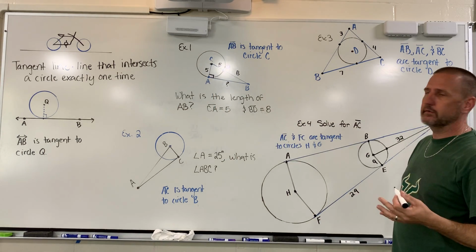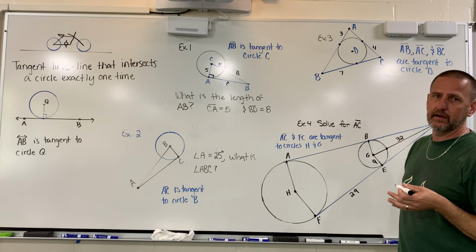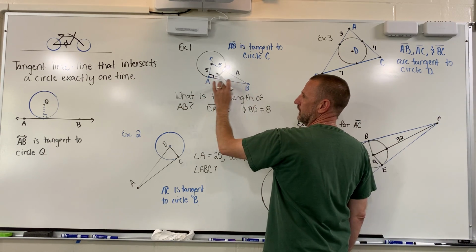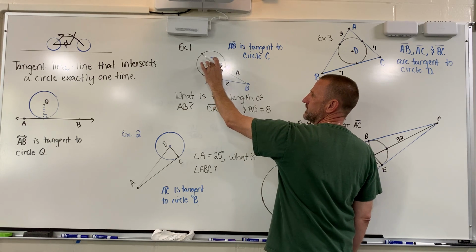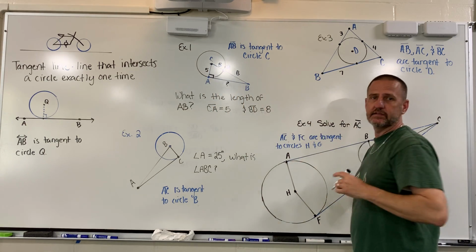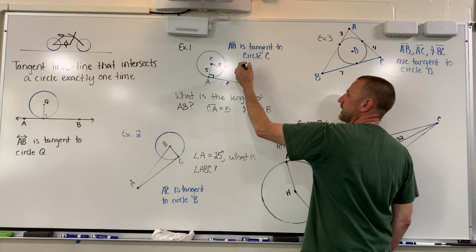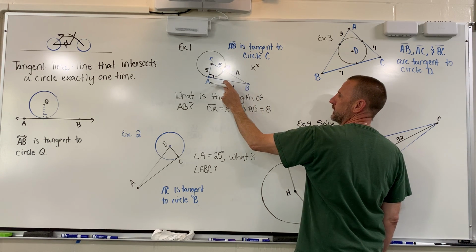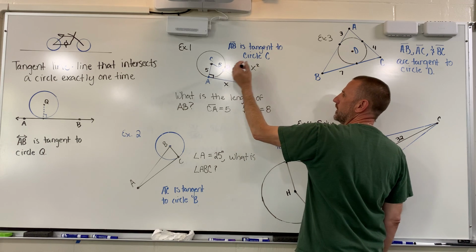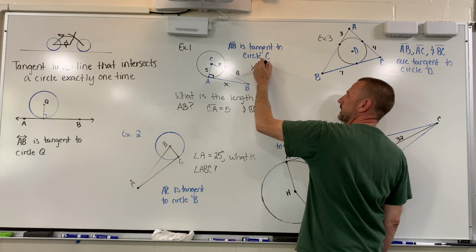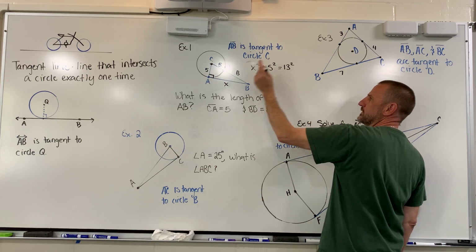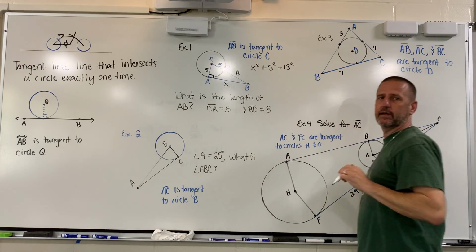Now that I have that information, I can go back and figure out AB, because I have a right triangle. This is the leg, and the distance from C to B is the hypotenuse. So I can say x squared plus 5 squared equals 13 squared, because if I put this one and this one together, I get 13.